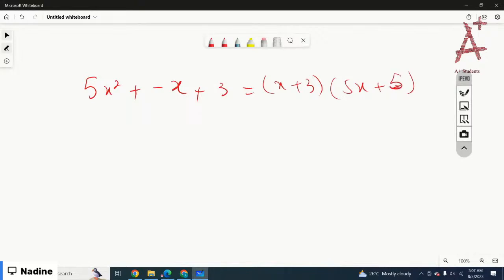It is 5, right? x times 5x is 5x squared, 5 times 3 is 15x, and 5 times 3 is 15, so it would be 5x squared plus 18x plus 15. That means the missing number is 18. Here you have 18x, 5x squared plus 18x plus 3, right? That means the missing one is 18x.